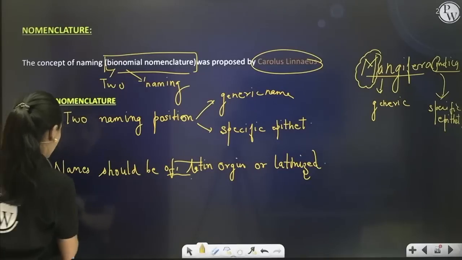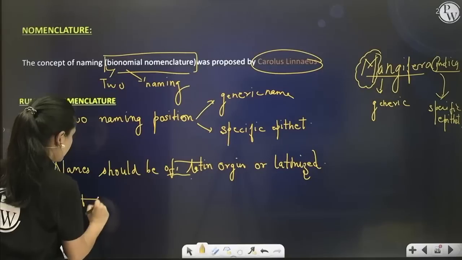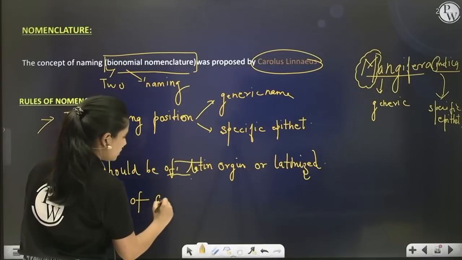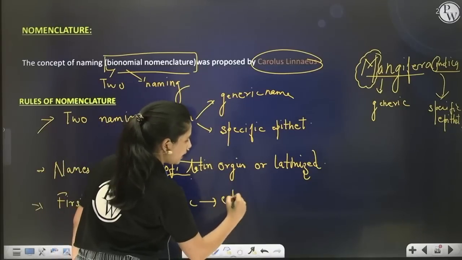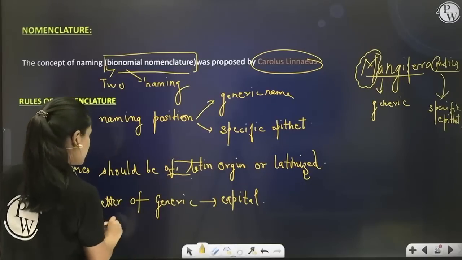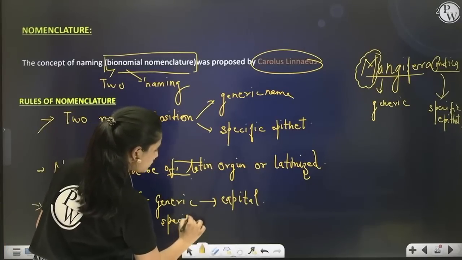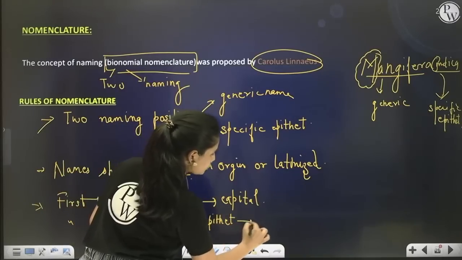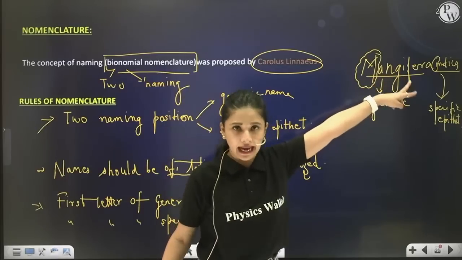The third rule says that the first letter of the generic name should be in capital, whereas the first letter of the specific epithet should be in small. See, I have written like that now.